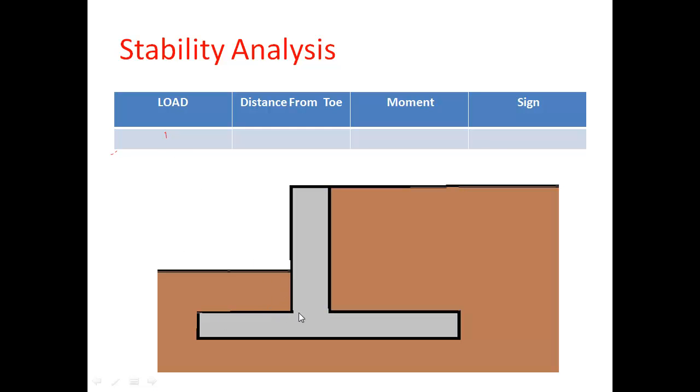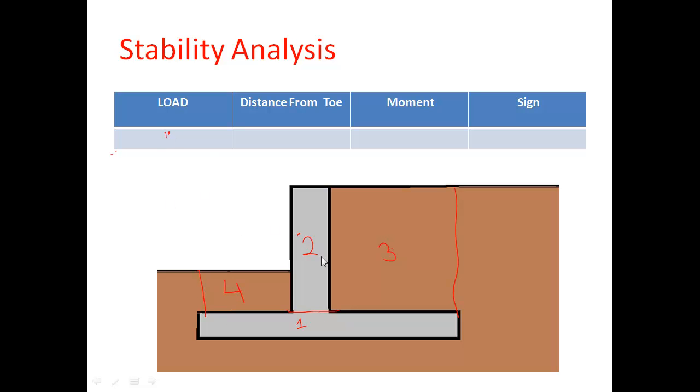We can divide the slab into one part, the stem into another part, the soil over the heel region is another part, and the soil above the toe region is another part.